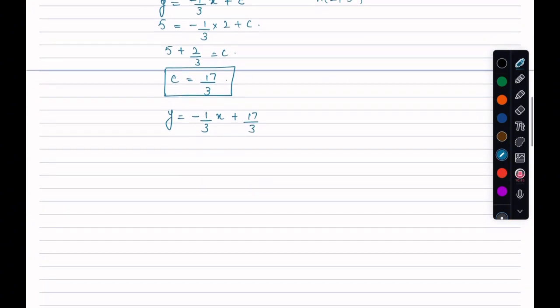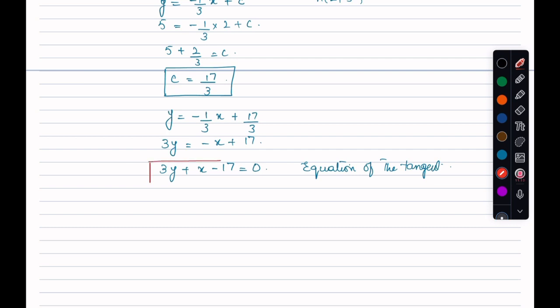Solving by taking the LCM, I can say 3y equals negative x plus 17, or further, 3y plus x minus 17 equals 0. So this is going to be the equation of the tangent. That's going to be my solution for the given question.